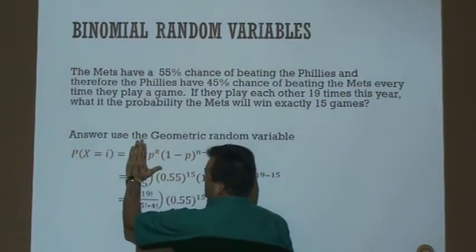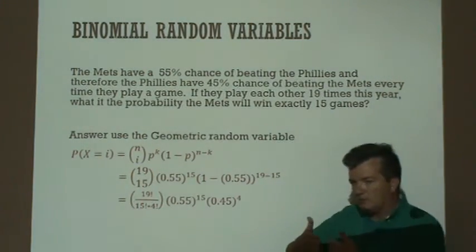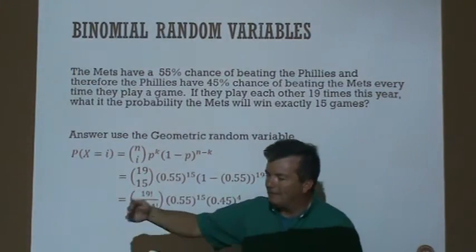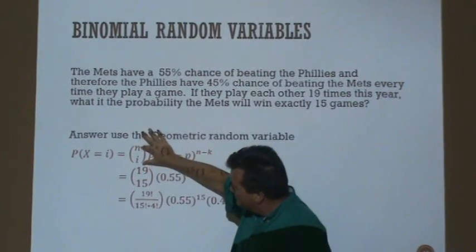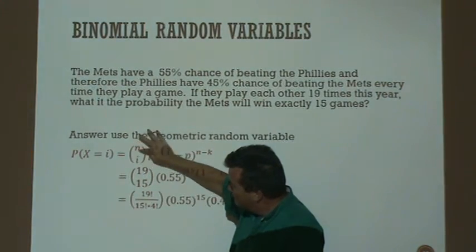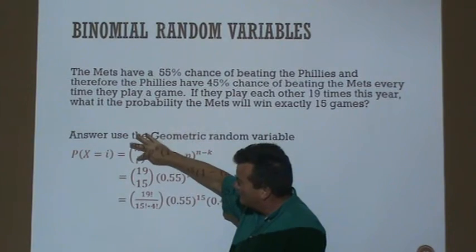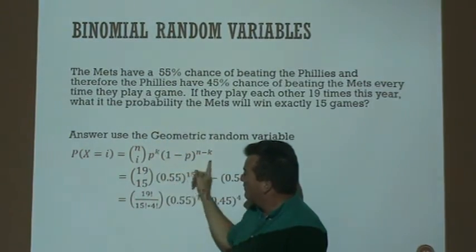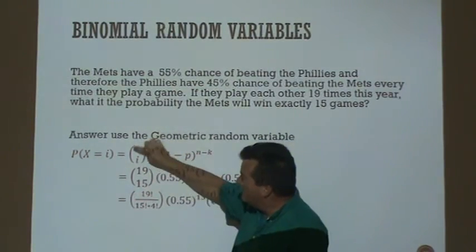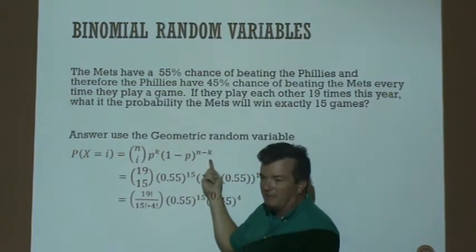That would be in a particular order: winning 15 in a row, then losing 4. But if you remember from our combinatorics, this notation means 19 factorial divided by 15 factorial divided by 4 factorial, which is the number of permutations of this combination.